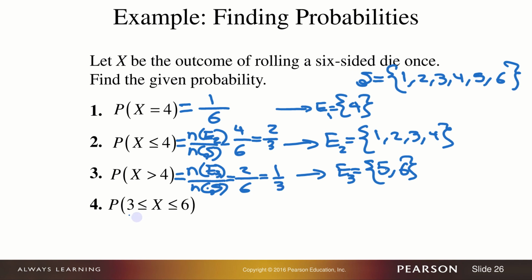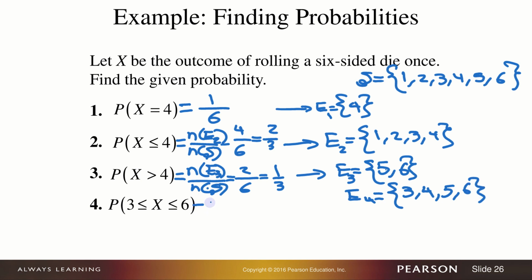What is the probability that the outcome of the random experiment will be between 3 and 6? Let's call that event 4. What would be the simple events contained in event 4? Well, it says inclusive, so x is greater than or equal to 3, but less than or equal to 6. So that's going to include both 3 and 6. So possible values in that event would be 3, 4, 5, or 6.